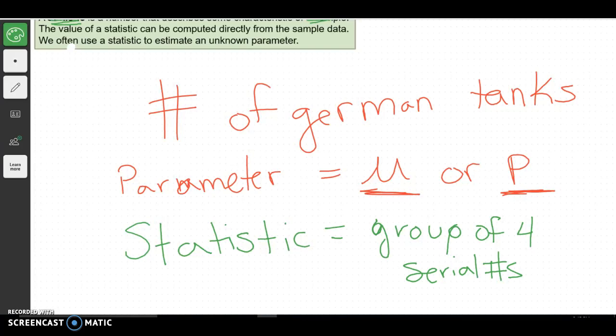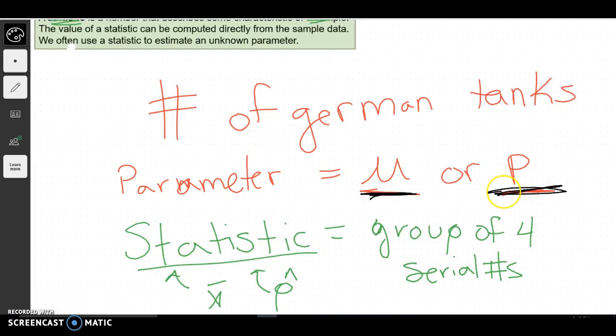Now, because we can't write the statistic's mean and the parameter's mean with the same symbol, a lot of times we call the statistic x bar or p hat. These are the symbols that we use for statistics. A lot of times we aren't given the actual population means or percentages, but if we are, those are the symbols we use.